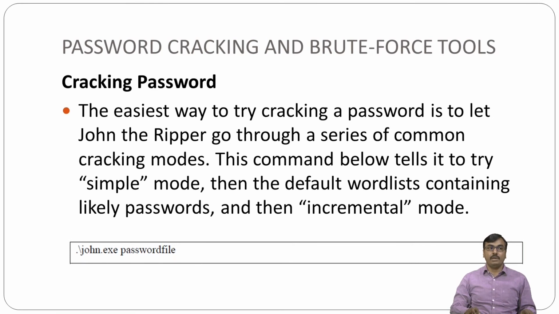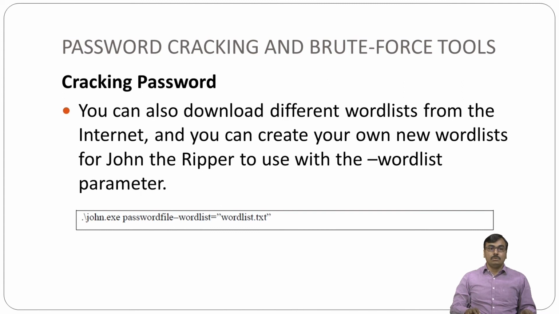john.exe and provide the password file. Then the default word list containing likely passwords, and then incremental mode. You can also download different word lists. There are so many word lists available on websites, and we can provide that word list as a plain text file.